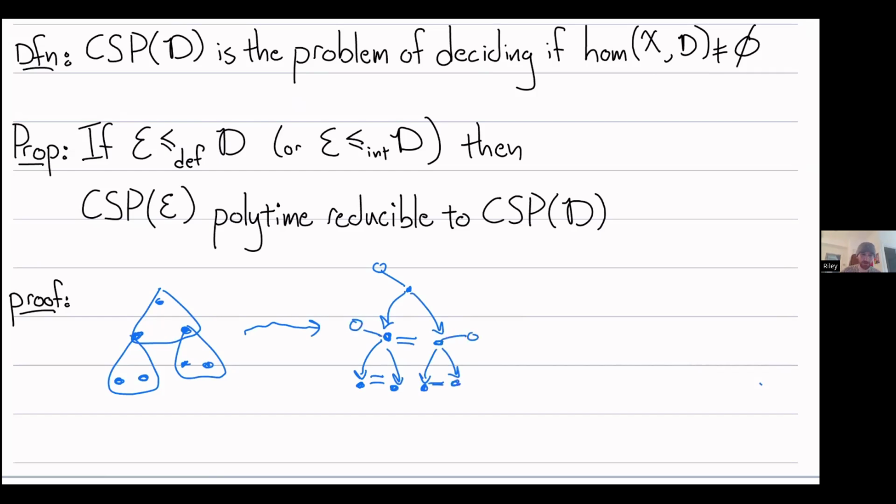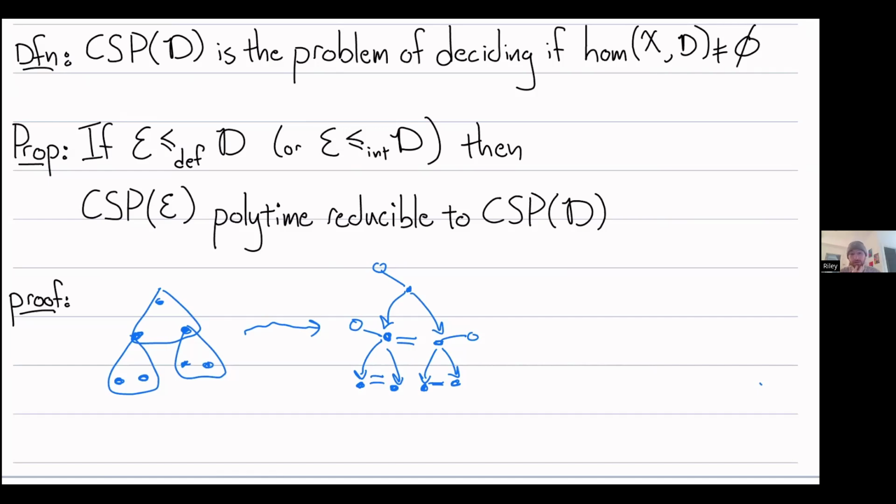Okay. And so the picture on the left will have a homomorphism into E if and only if the picture on the right has a homomorphism into D that sends things where I've drawn an equal sign to the same point. And this map that takes a triangle and replaces it with a bunch of lines, that's really easy to compute. I can certainly compute it in polynomial time, like linear in the number of relations.